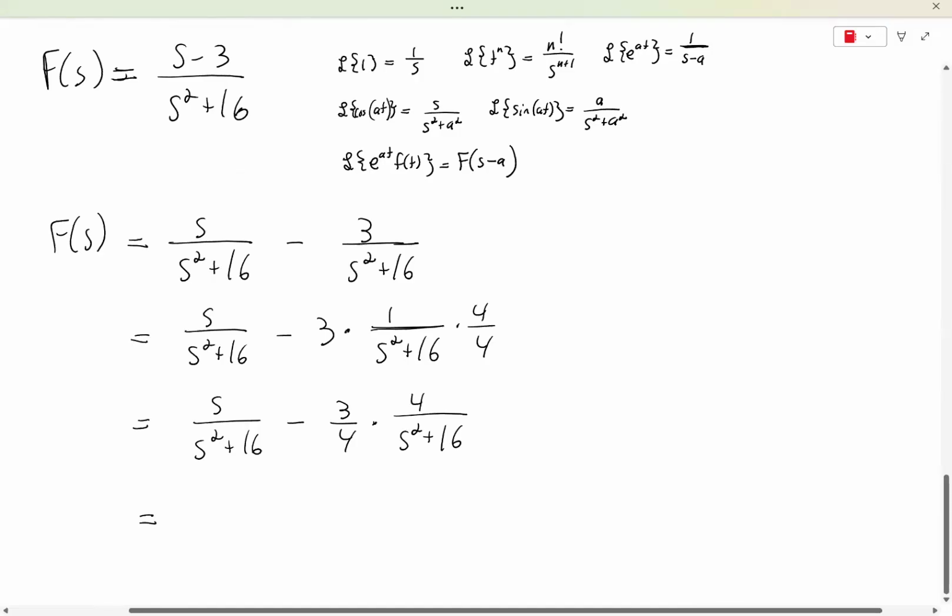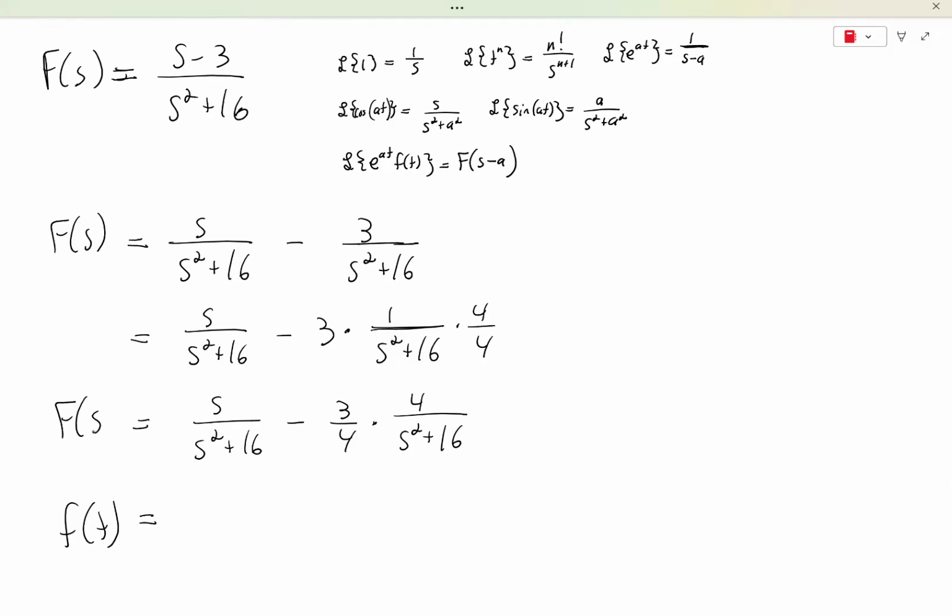So I'll do little f of t now. These are all capital F of S's there. Now I'll go over to little f of t. This is where we do the inverse. So what would be the first one there? Cosine 4t, from this one.